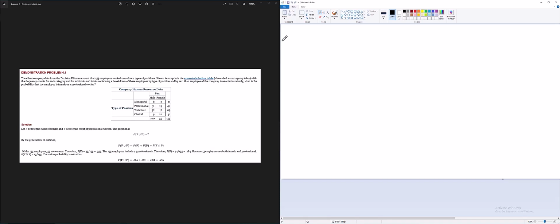One is the gender, male, female, and the other factor is the type of position. So there are four types, which are managerial, professional, technical, and clerical.